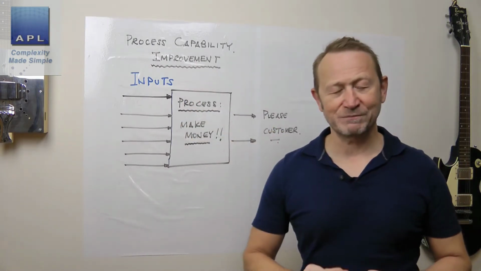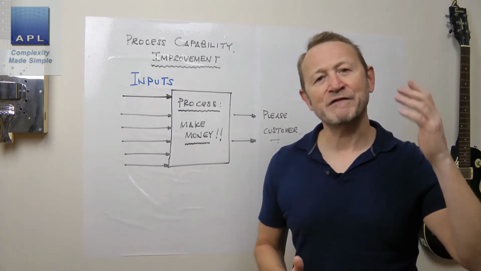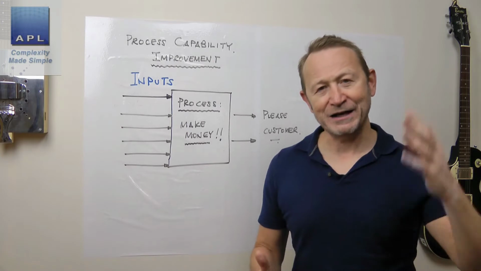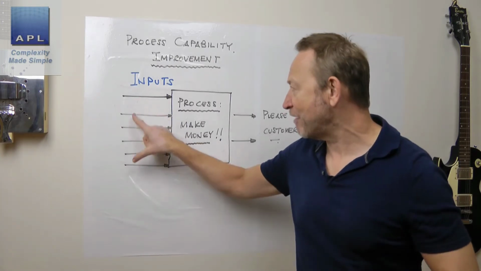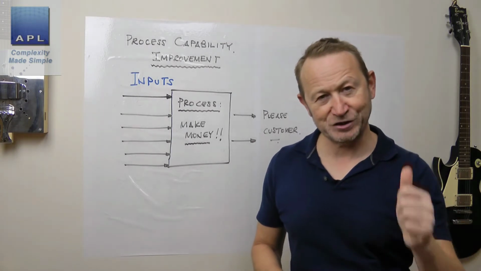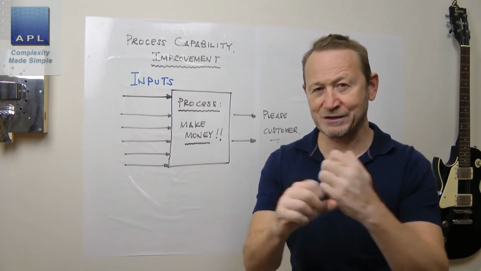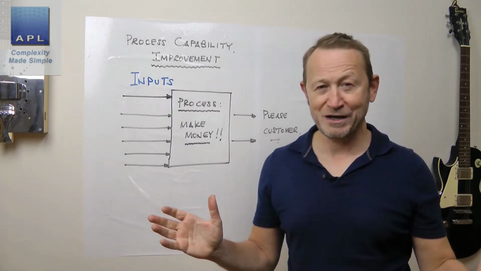Improving your process capability is really, really simple if you have the discipline and the detail to go through every variable individually and fix it, come up with a standard way of eliminating the variability. Your process will behave itself.